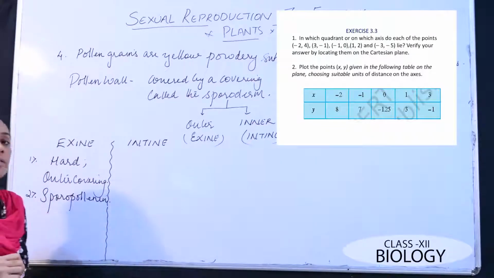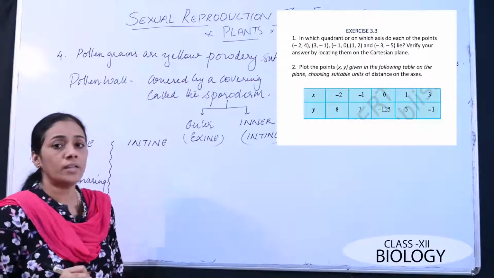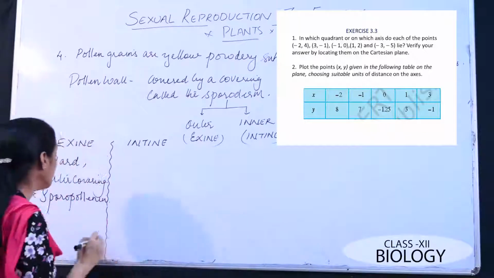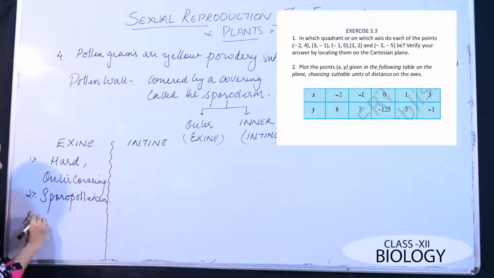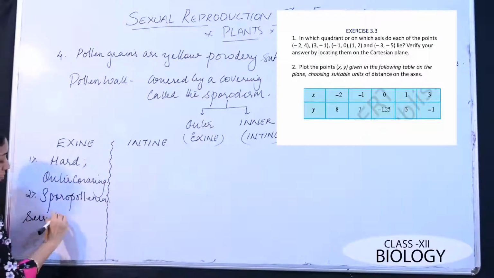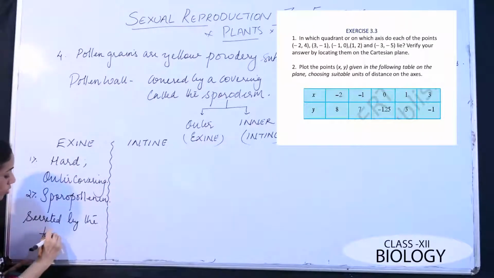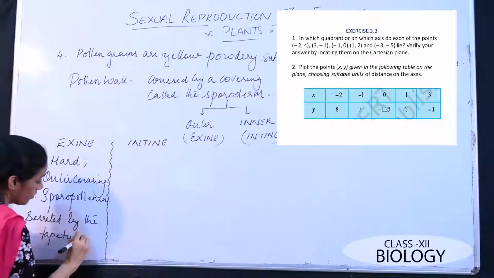And the sporopollenin is secreted by the innermost layer of the anther wall, that is the tapetum. This is secreted by tapetum. You have already come across the term called the tapetum.